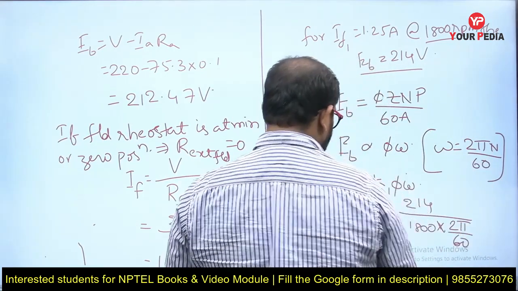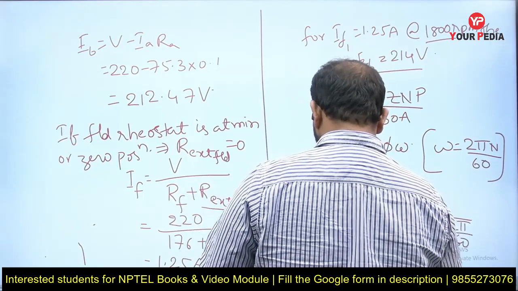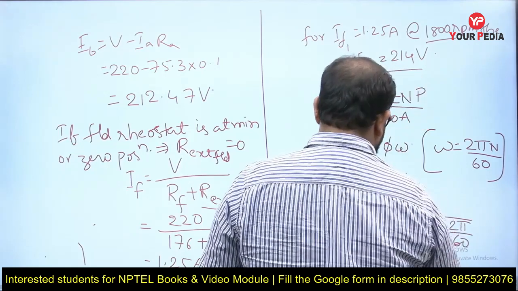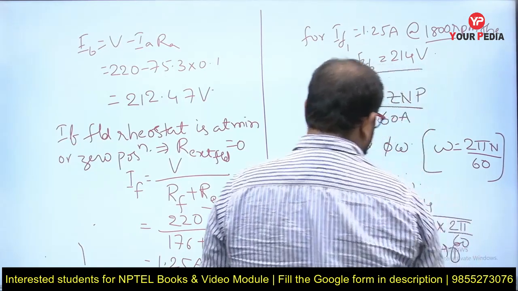So you need to do this. If you solve this, the value we get is 1.135. So now you know k1 into phi.